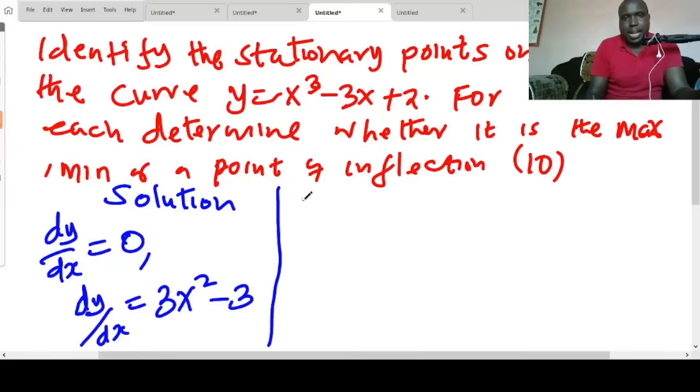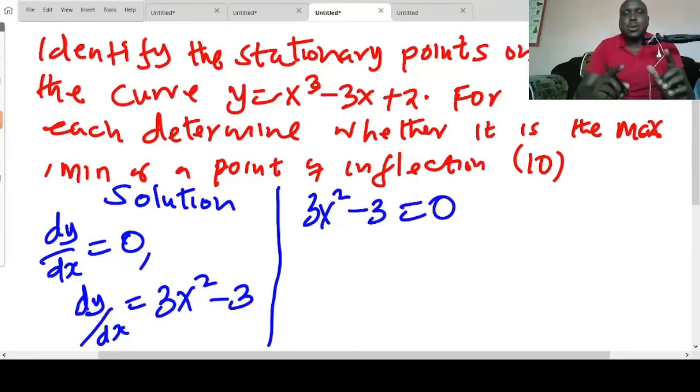But we have said at the stationary point, that is 3x squared minus 3, the answer should be 0, right? Because that is the keyword. At the stationary point, dy over dx is 0. So you can simplify this and get the value of x.